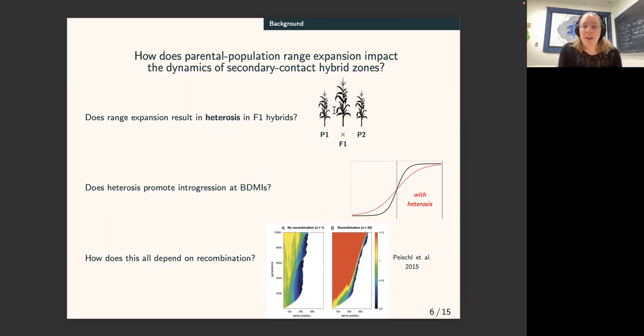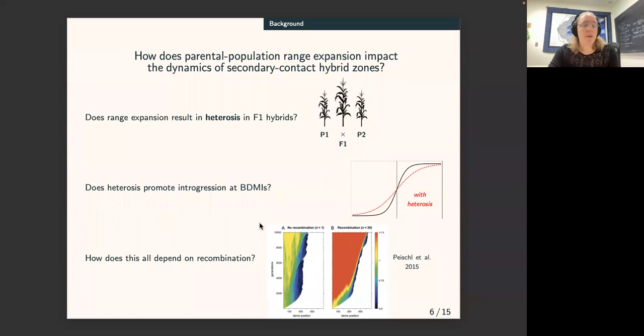Second of all, if these masked deleterious loci are linked to these genetic incompatibilities, could the heterosis that results help these genetic incompatibilities introgress across the range? And this would result in a breakdown of the reproductive barrier and prevent speciation.